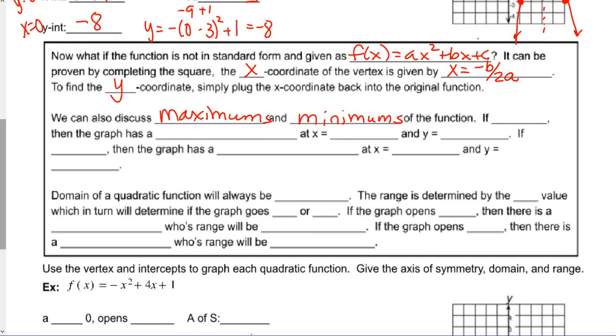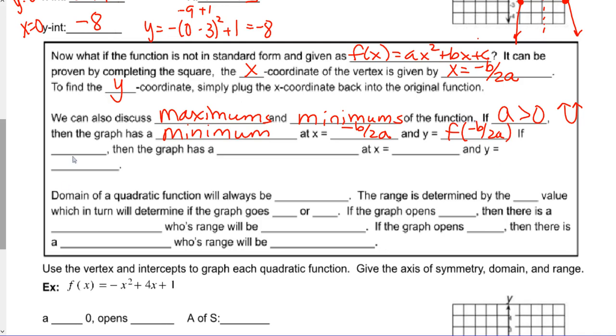of the function. So if a is greater than 0, recall we had a parabola that went like this, then the graph has a bottom out point there. It has a minimum at x equaling negative b over 2a, and y is going to come from plugging that negative b over 2a into my function.